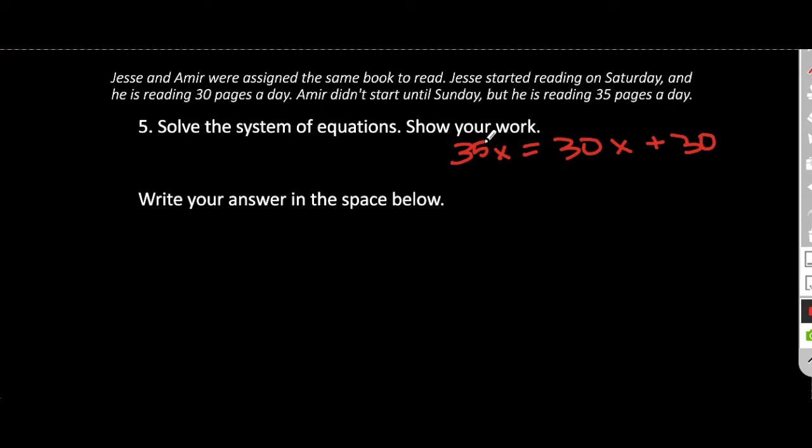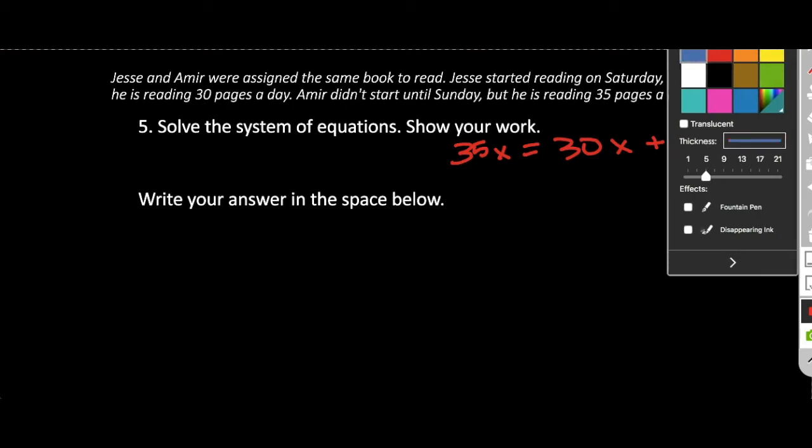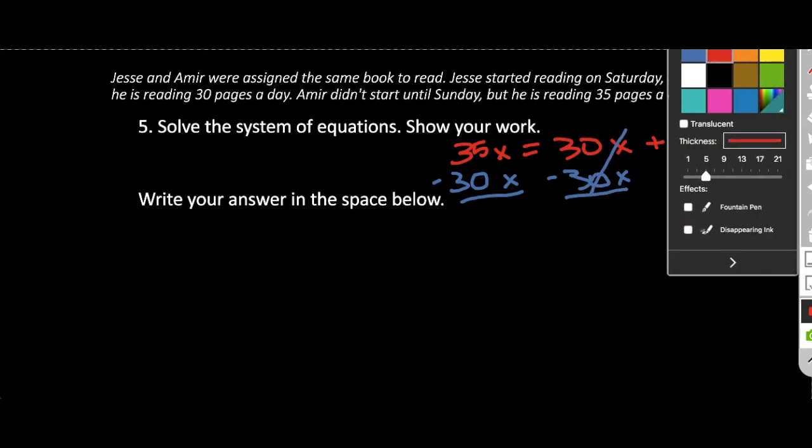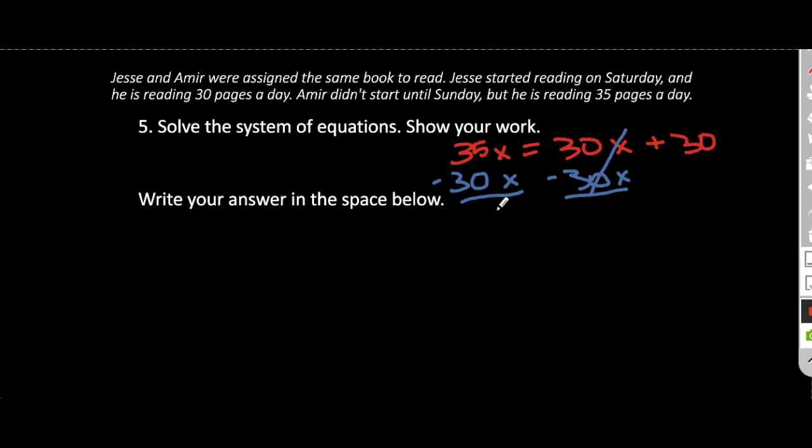Now, I've got variable on one side, and then I got a variable and a constant on the other side. So I need to do the inverse of my first variable. So this is a positive 30x, so I need to subtract 30x from both sides. 30x minus 30x is going to cancel. 35x minus 30x is going to leave me with 5x.